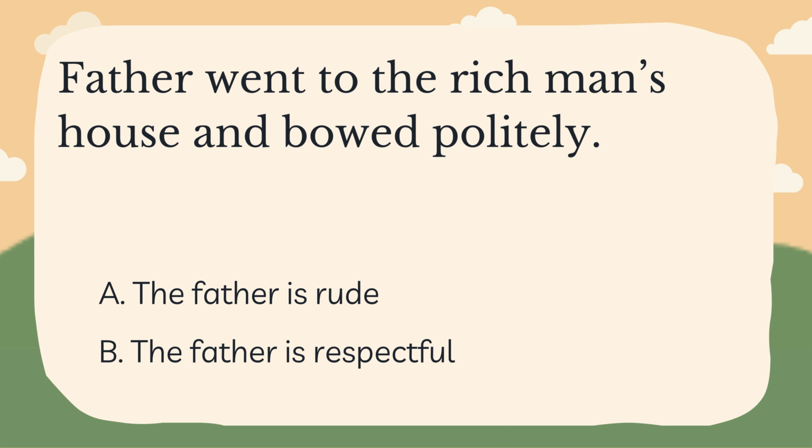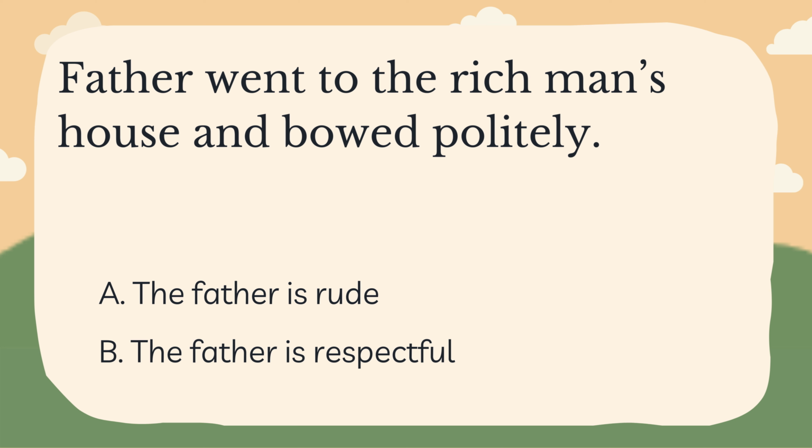Father went to the rich man's house and bowed politely. Let us think. What does this sentence tell us about the father? Here are our choices. A, the father is rude, or B, the father is respectful. What do you think is the correct answer?